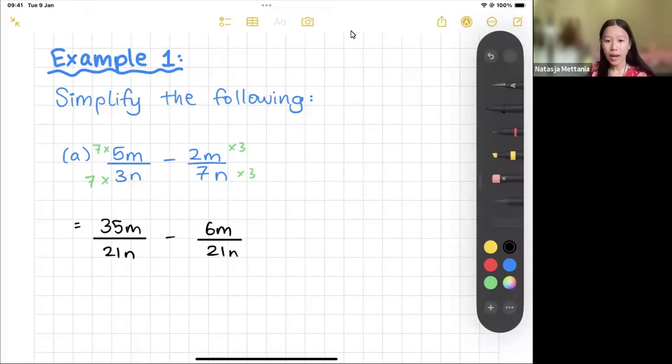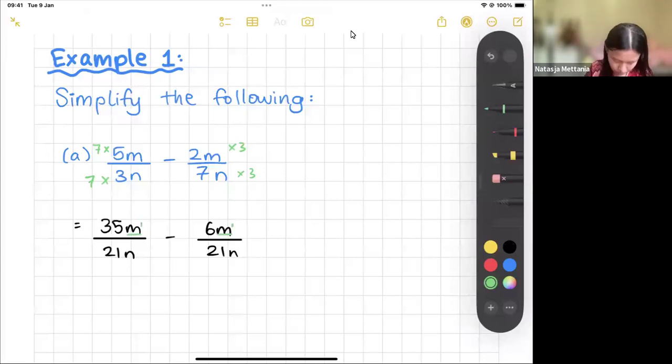Okay, so now this step here, our denominator is exactly the same. Now with algebraic fractions, you need to make sure that the numerators are like terms. Like terms mean that the letter must be exactly the same and it has to have the exact same power. In this case, perfect for us, the letter is m. Yeah, they're exactly the same, and the power is 1.